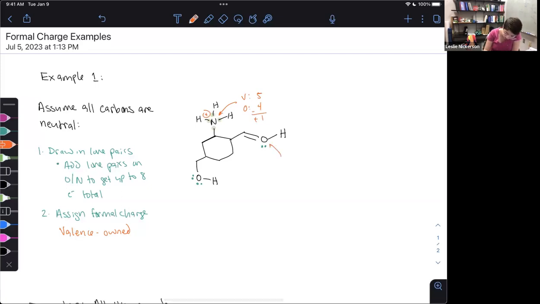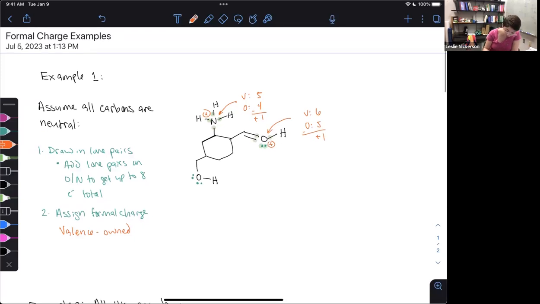If we look at this oxygen here, our valence for our oxygen is 6. For the owned, we've got 1, 2, 3, 4, 5. So we've got 3 bonds, 1 lone pair, so a total of 5. So 6 minus 5 is +1. So that's going to get another positive charge.